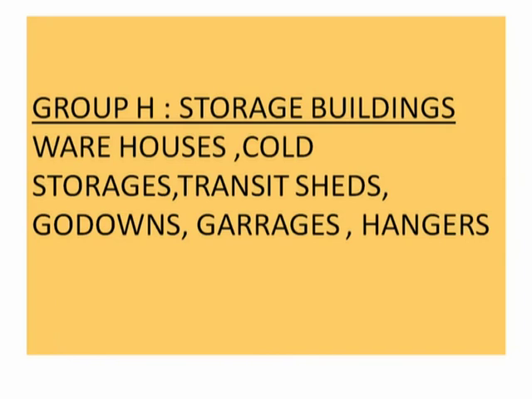Then there are the transit sheds. In the transit sheds, in the port area, the goods are stored for a relatively small duration of time, and that is known as a transit shed. Then there are the godowns. In the godowns, you have to store different materials.